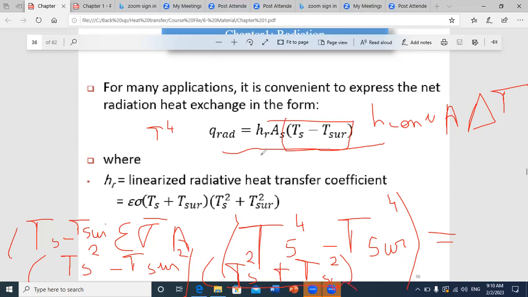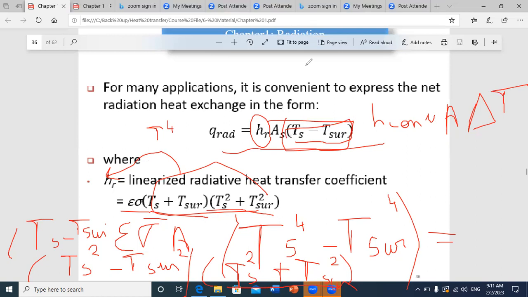So h_r can be considered as epsilon times sigma times (T surrounding plus T surface) times (T surface square plus T surrounding square). In this way you have the temperature effect, and the nonlinear effect is computed just in the coefficient h_r, while you write your radiation heat transfer in a linear form as a function of delta T.